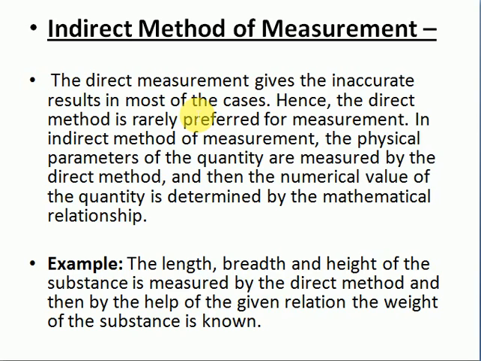So many times it is not possible to directly measure a quantity, then we prefer the indirect method of measurement. In the indirect measurement method, the physical parameters of the quantity are measured by the direct method, and then the numerical value of the quantity is determined by a mathematical relationship.